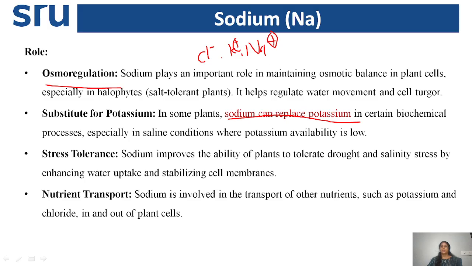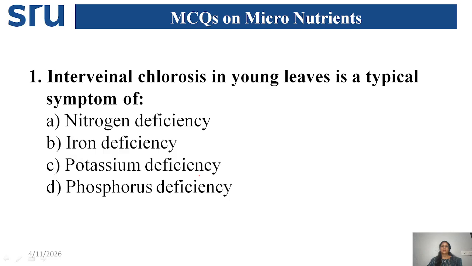During salinity that is the major effect, because the concentration of sodium increases instead of potassium, and potassium has its own specific roles. That's why during salinity the plants suffer from potassium deficiency. Sodium is also involved in transport of other nutrients like potassium and chloride. It's common for all plants.